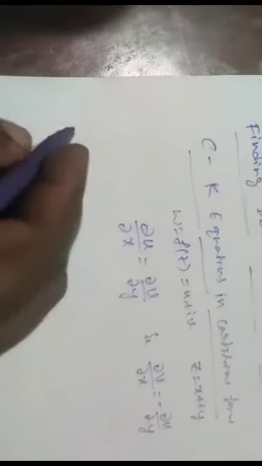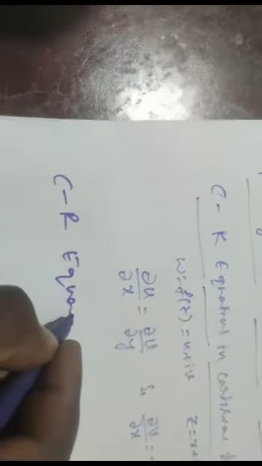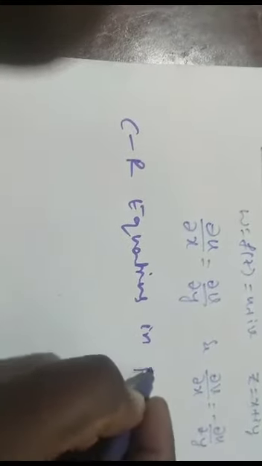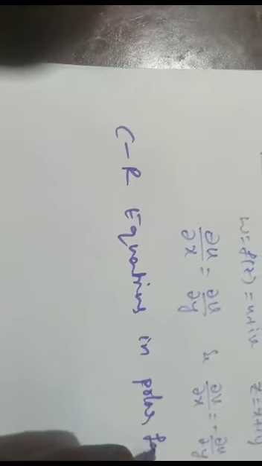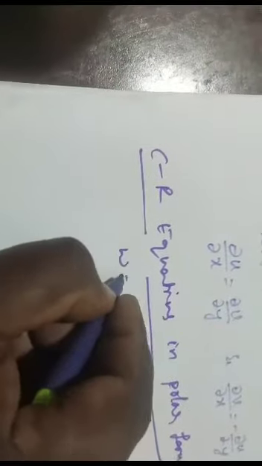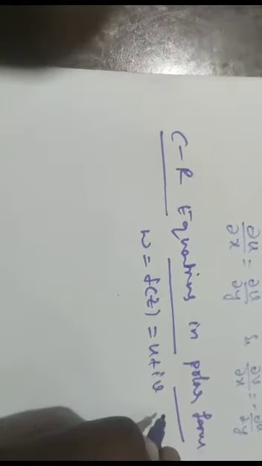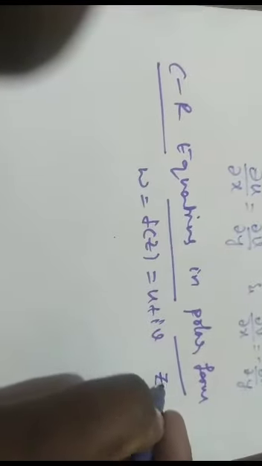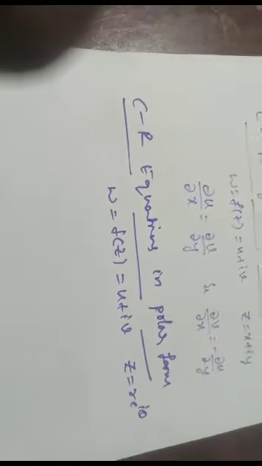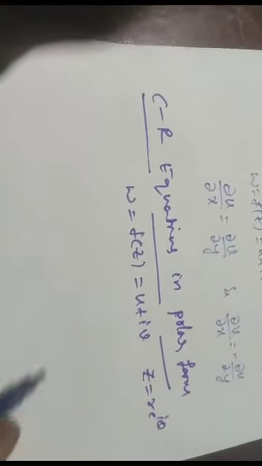Next, CR equations in polar form. Here also w equal to f of z, that is u plus iv, is said to be analytic at z. Here z is r into e power i theta. So if it is analytic at z, then CR equations are satisfied.